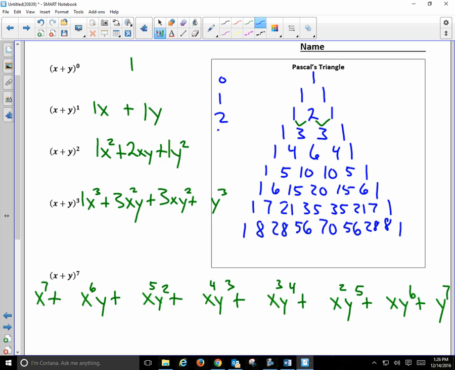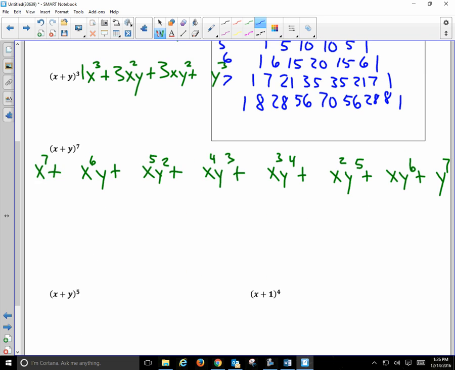Third power, 1, 3, 3, and 1. What we are concerned about for our problem right now is the 7th power. Well, the coefficients are 1, 7, 21, 35, 35, 21, 7, and 1. And so we expanded x plus y to the 7th in a very short period of time.